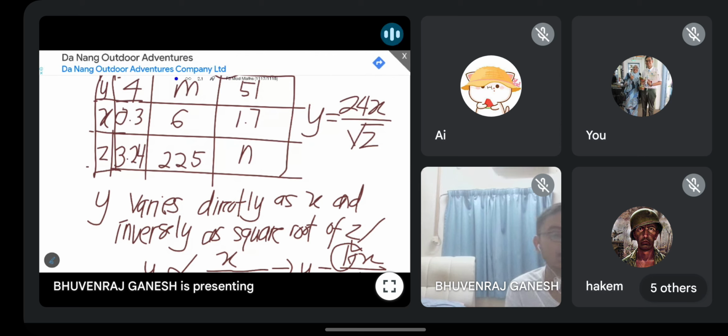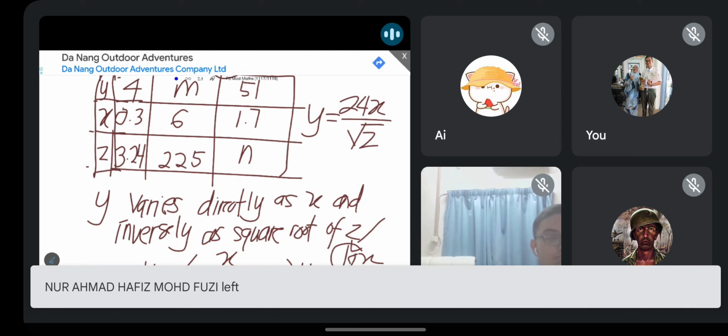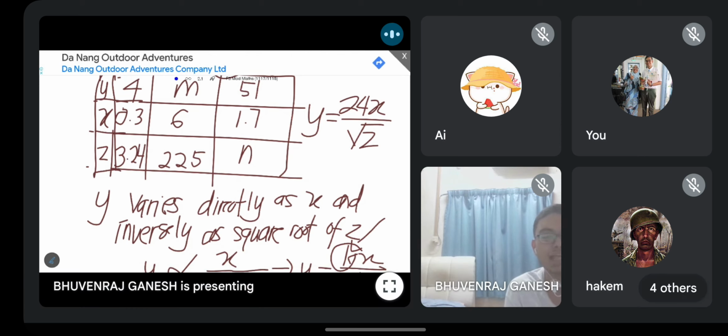This one you might need some algebra skill a bit to shift the equation here and there to get the z. Basic algebra skill. So anyone? z value? Sorry, n value.